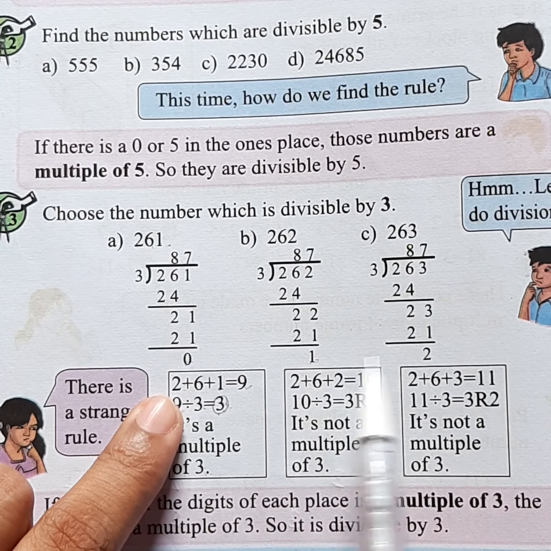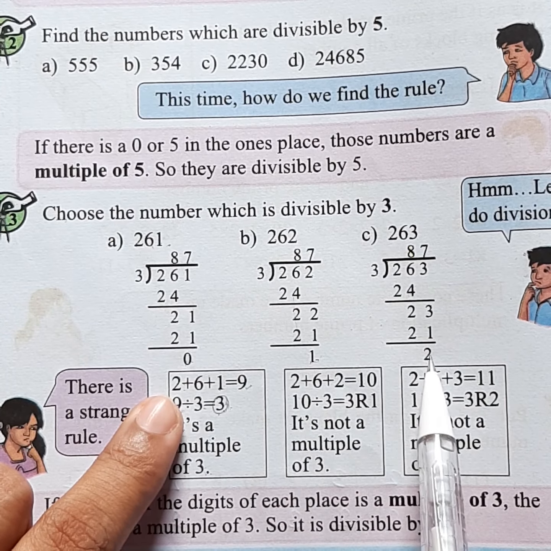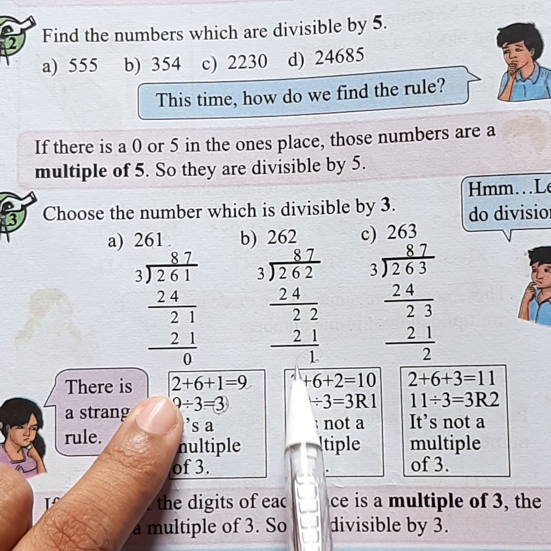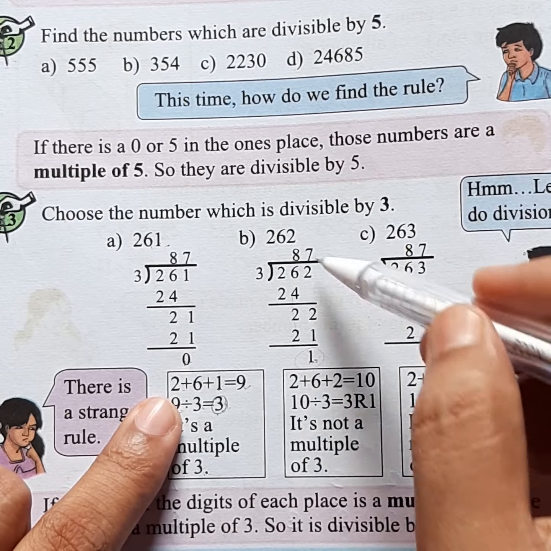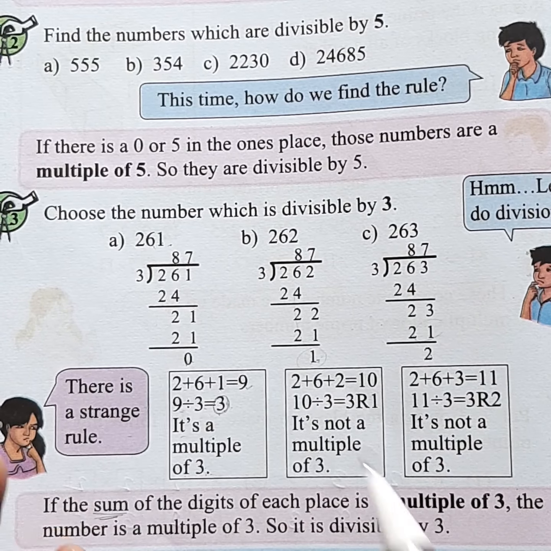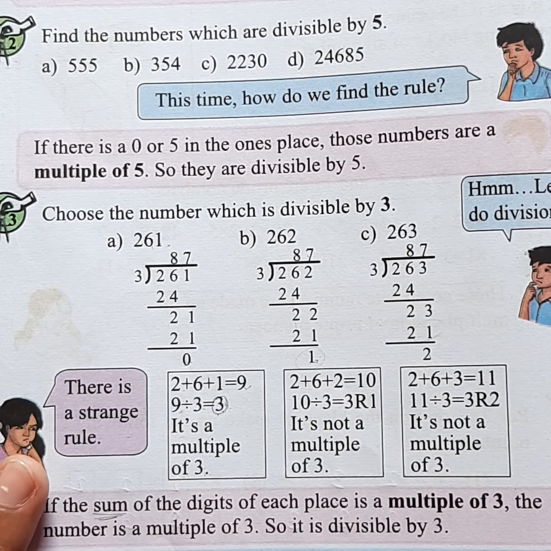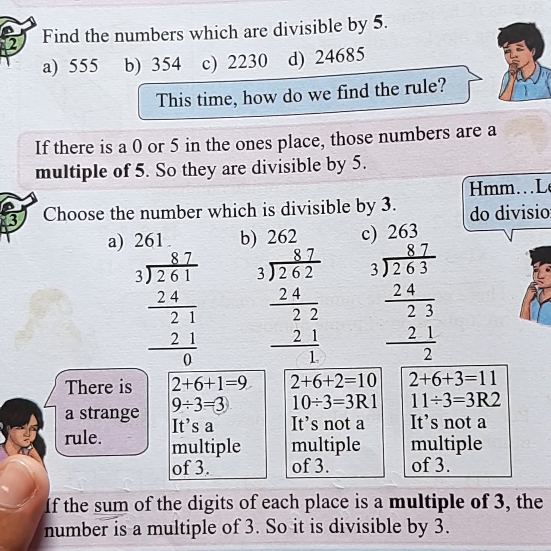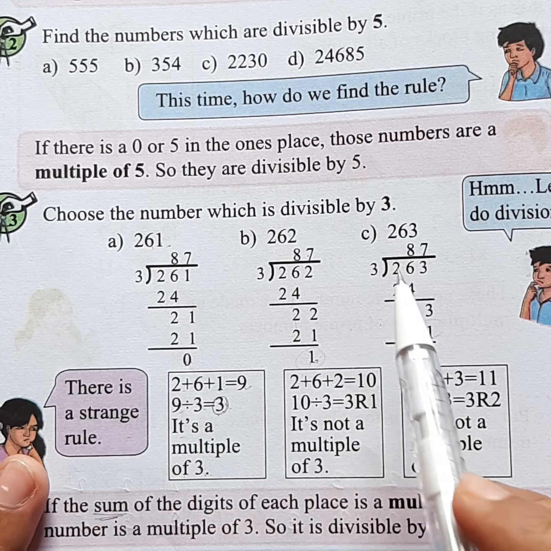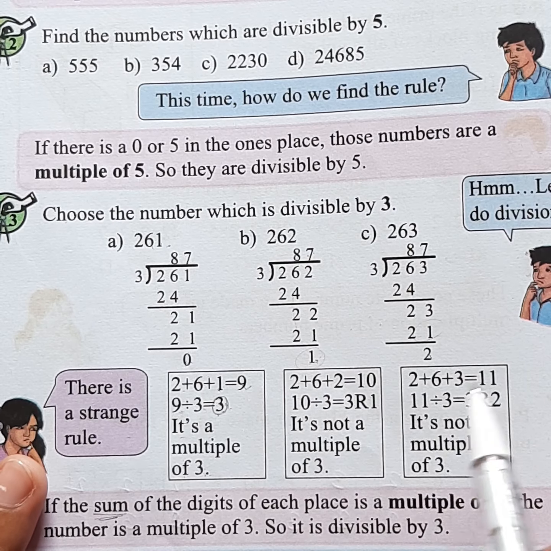And here we have a remainder. Here is 1 and here is 2. So as they are having a remainder, it's not a fully finished division. So the number cannot be divided with 3.